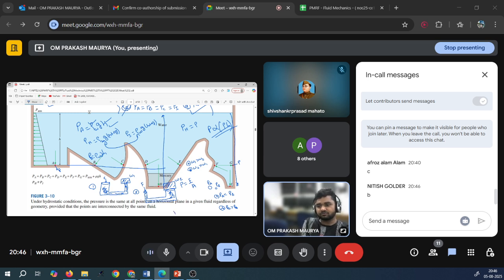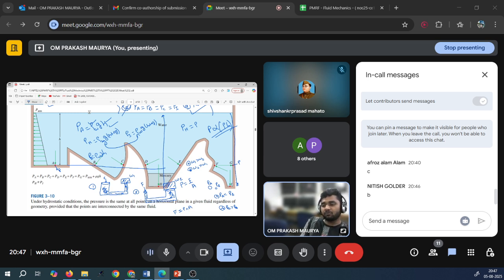So what is force? Force is your pressure into area. Nitish is saying option B. Okay, let me just show you.